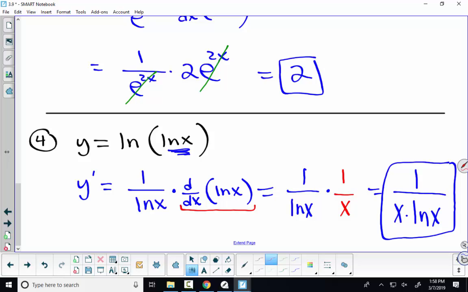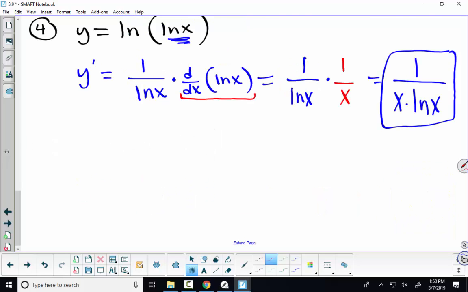So if you did d over dx of ln of x over ln of x, then you would have gotten 1 over x over ln of x. Wait, say that again. The derivative of ln of x over ln of x. Before we did anything with that, I would just say that's 1, right?